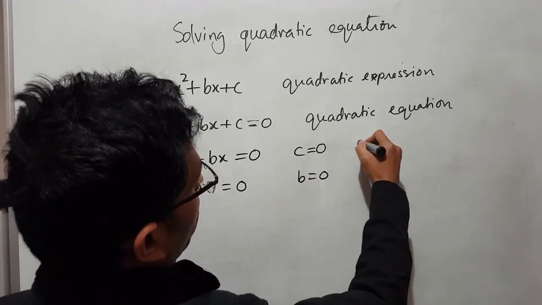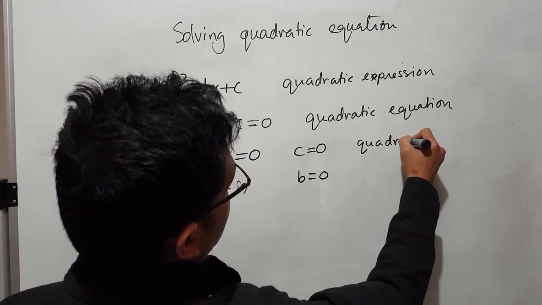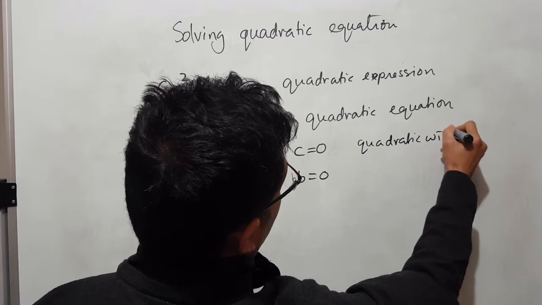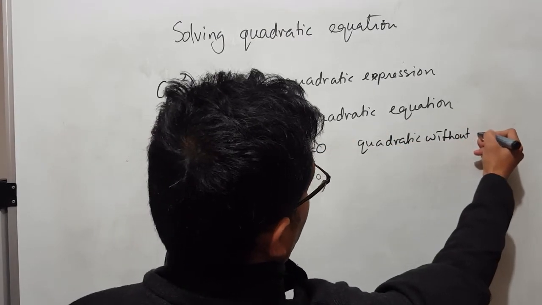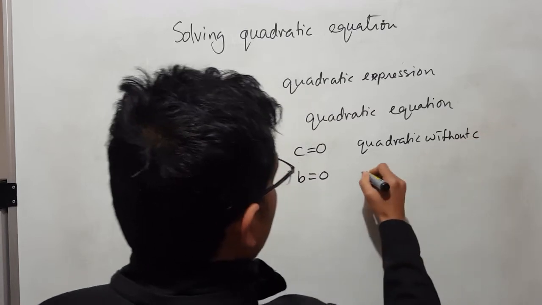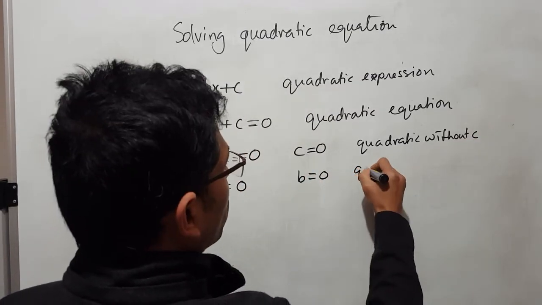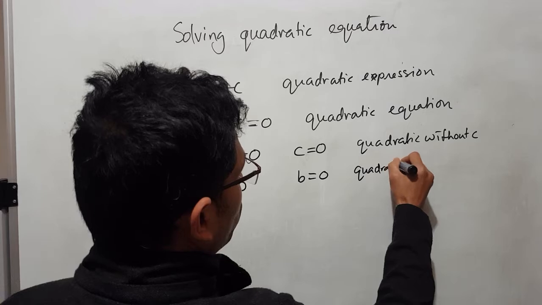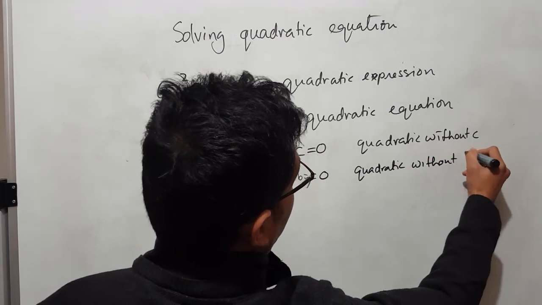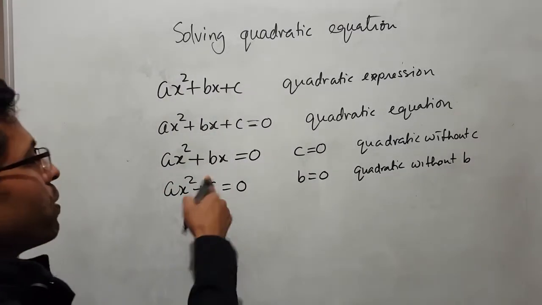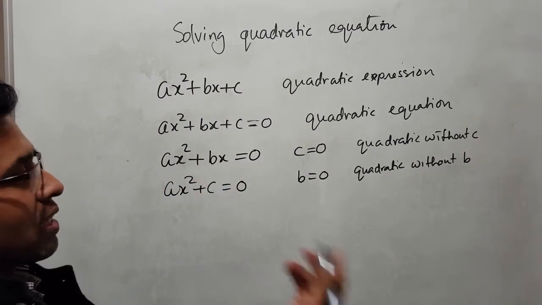That's called a quadratic without b, meaning there is no linear term, so bx is 0.